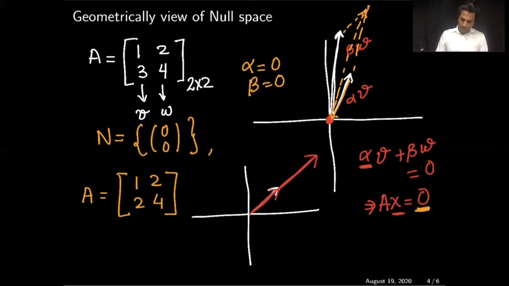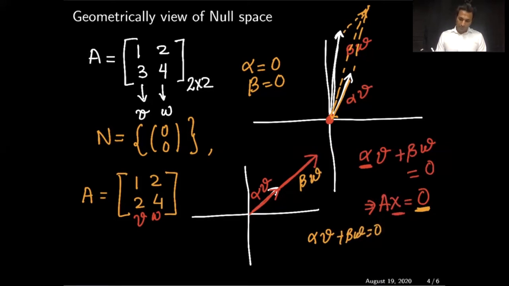Now if this is my vector v and this is my vector w, I would like to rescale v by some alpha and w by some beta, so that when I add them, it produces a 0 vector.